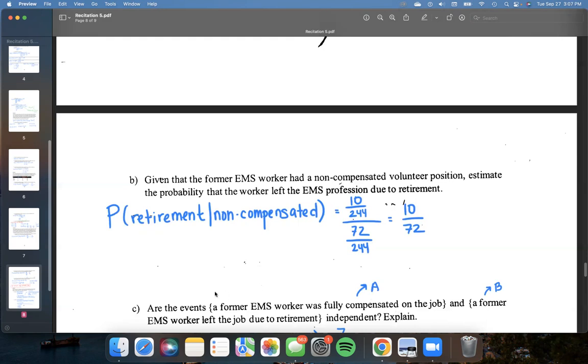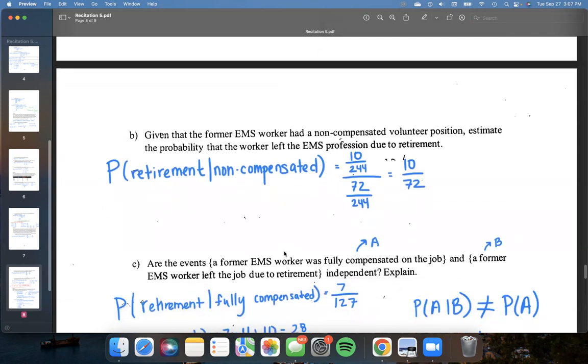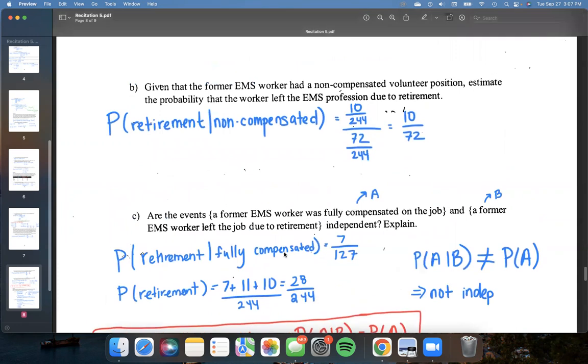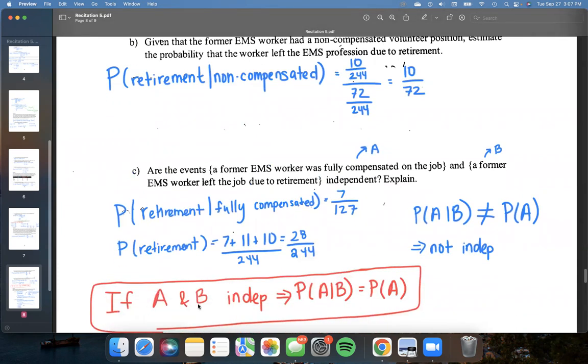So here, I'm just going to say that this first event is A, and the second event is B. We'll probably want to use this property that if A and B are independent, then that implies that the probability of A given B equals the probability of A. And a way to remember this is, if this holds, they would be independent because knowing information about event B wouldn't change the probability of event A. So that's a way to remember it.